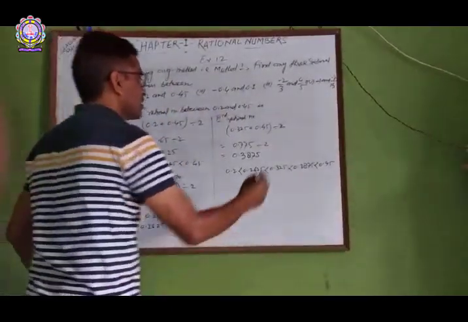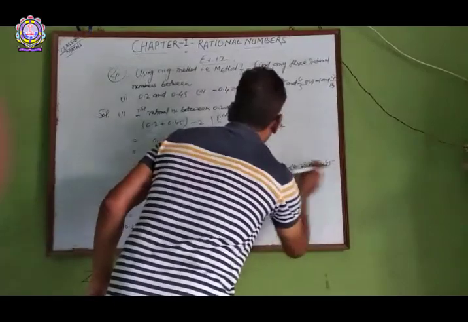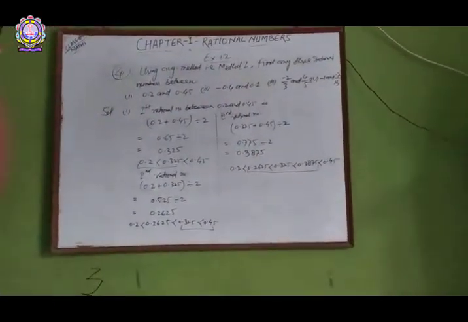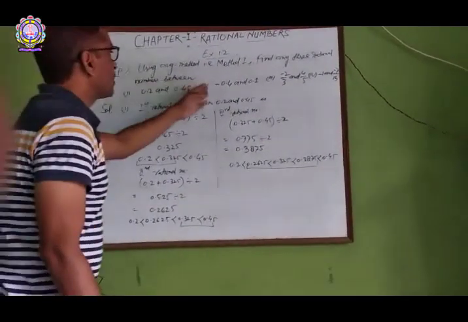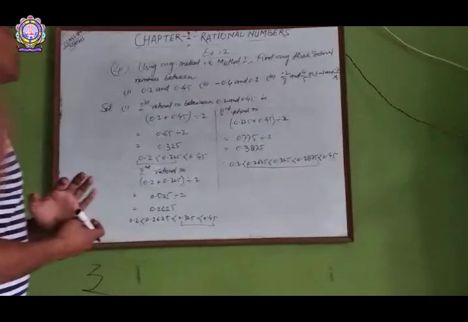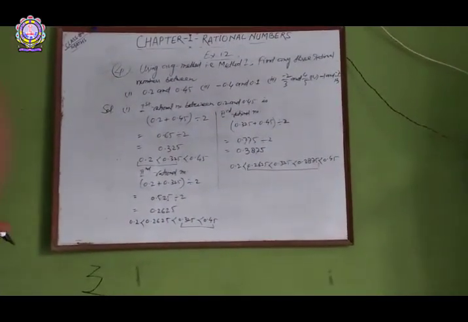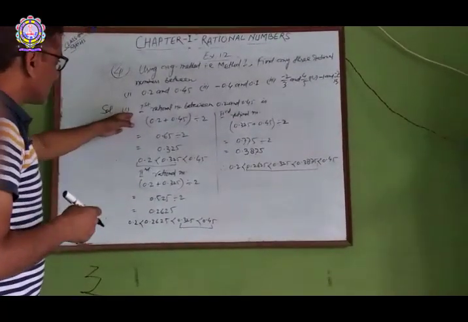In this way, we have found three rational numbers between the given two rational numbers. Now, the rest of the parts you will do yourself by proceeding in this way.